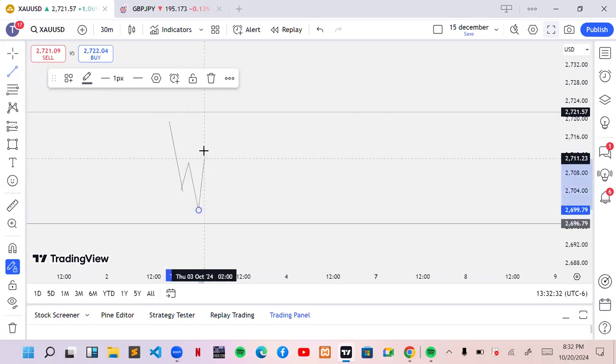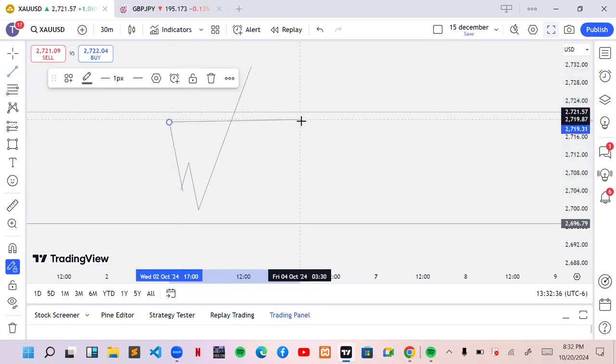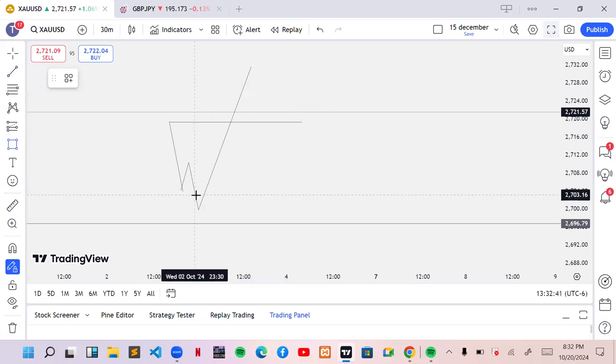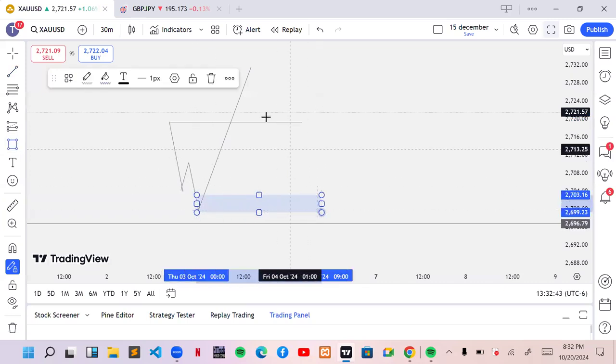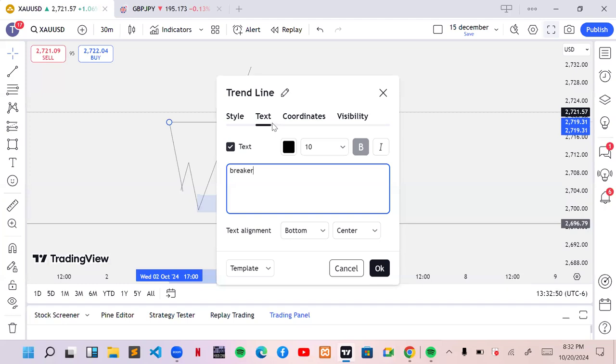Let's assume that market breaks past a zone. This is our breaker block right here, the zone that market broke past. And this is our other block down here, the zone that also pushed market. The other block is here, the breaker block is here. This is your breaker block.